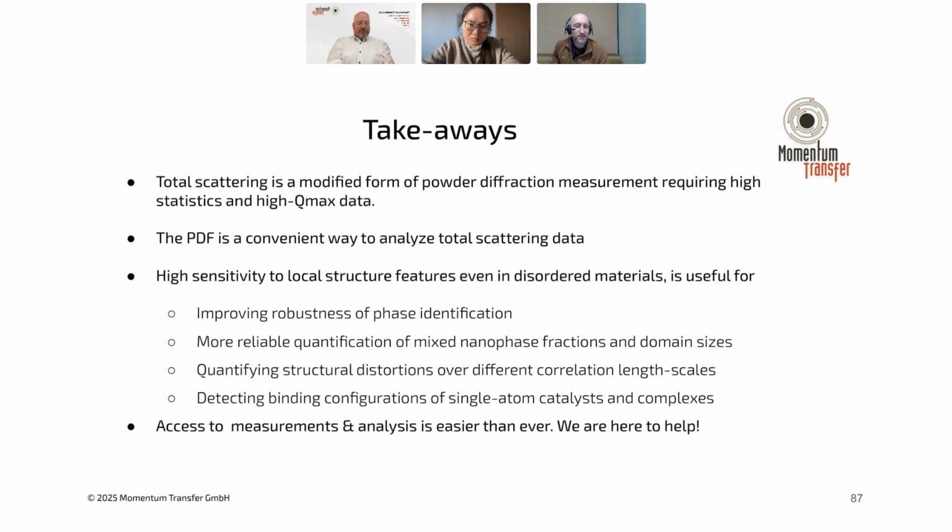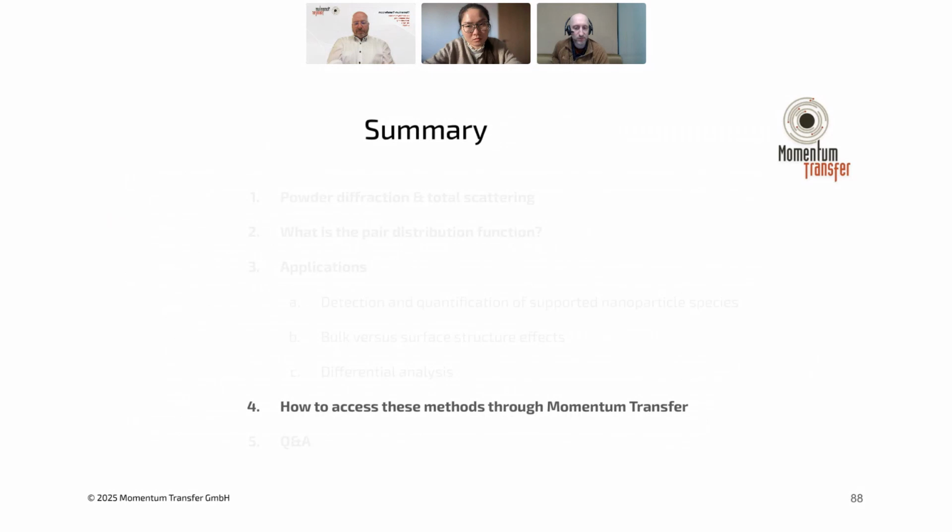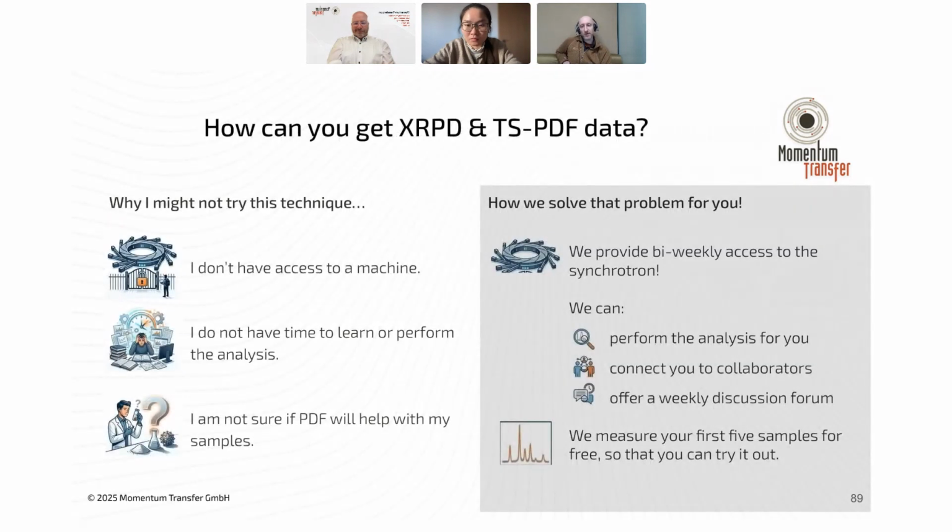You have a high sensitivity to phase identification in nanosystems. You can look at structural distortions in bulk crystals, and you can also extract out binding configurations from single atom catalysts and complexes. So with that, I will turn it back over to Sebastian, and he will tell you a little bit about how we can get measurements for you guys.